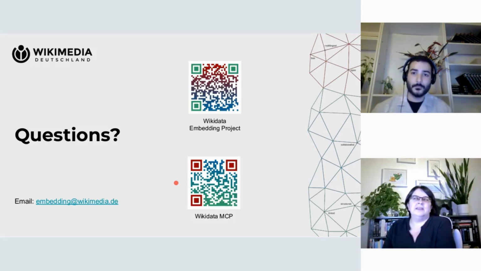All right. Then the next question is by N. Are there already thoughts on ways to utilize MCP to contribute data back to Wikidata? That's a request that we've gotten before, and currently, as you saw, the MCP is only for access purposes.